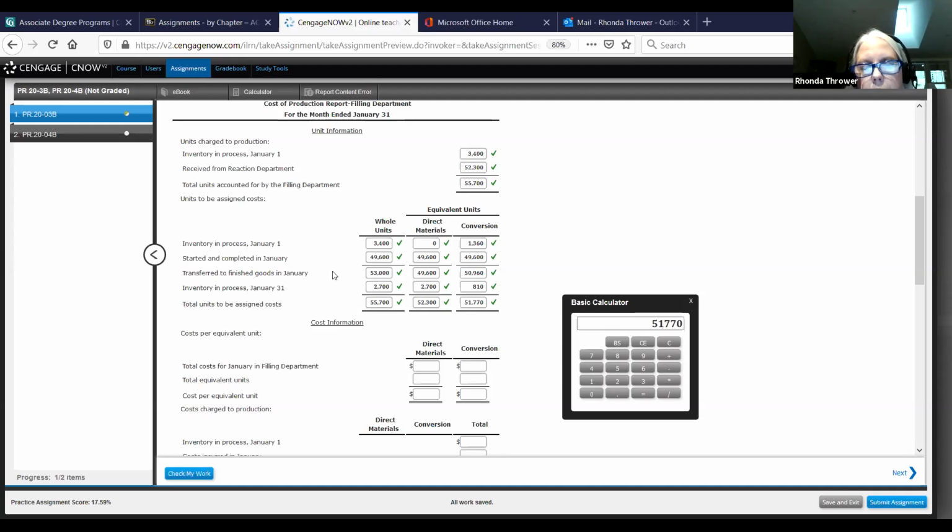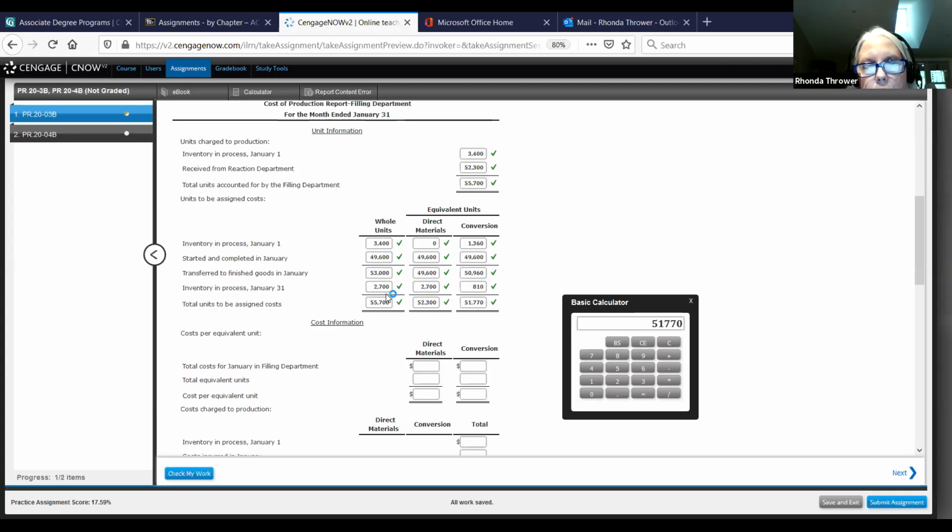To do that, we need to know what was transferred. This transferred amount was given to you, and you will subtract the beginning inventory units that were given to come up with started and completed units.